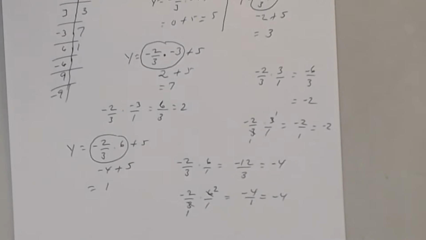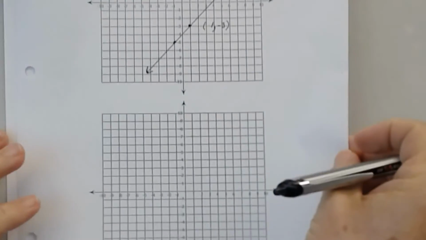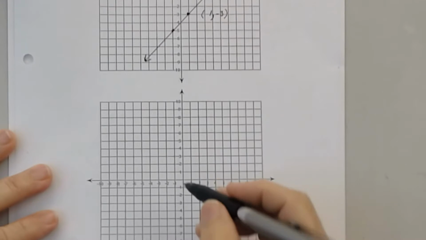Now notice I used a t-table, because if it says use a t-table, use a t-table. Make sure you follow directions. All right, so (0, 5). Where do I start?